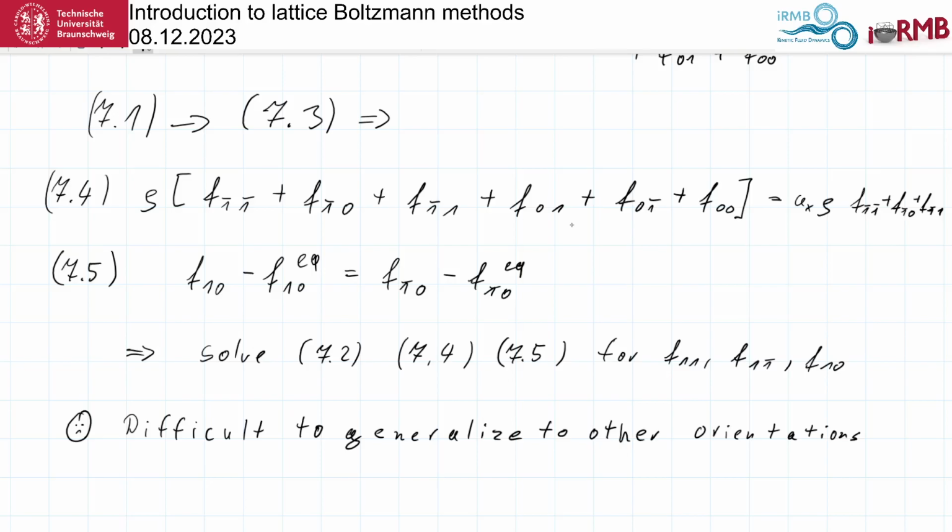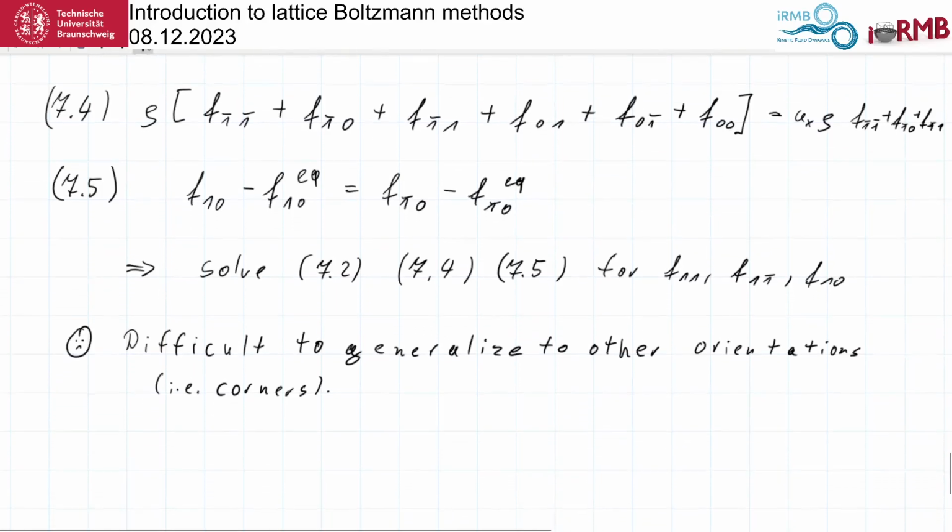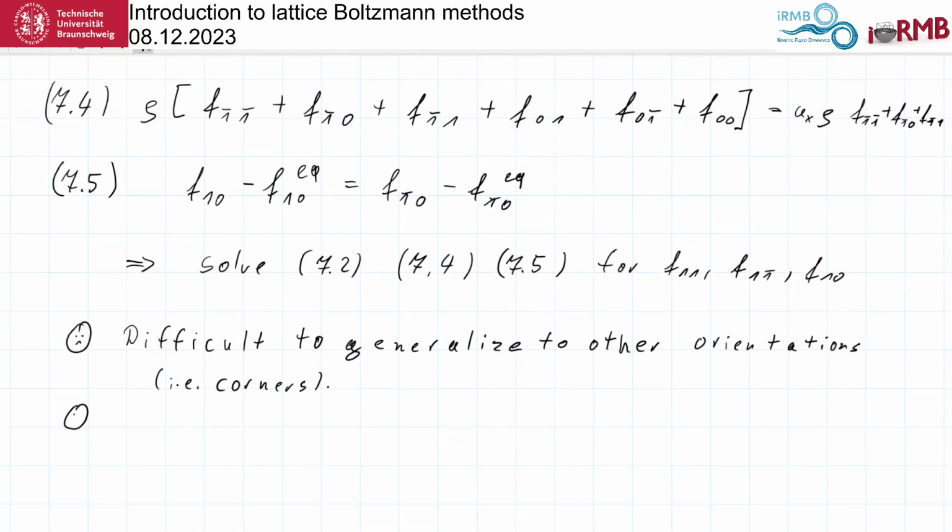So problems with this: it is difficult to generalize to other orientations, in particular if there are corners, because at corners you have more conditions, there are more missing distributions. The most important reason why this is not used in practice is it's very unstable.